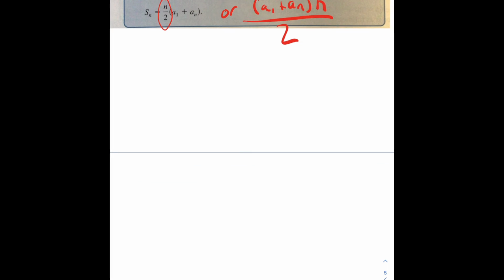So for example, let's say you need to find the sum of the following numbers: 1 plus 3 plus 5 plus 7 plus 9 plus 11 plus 13 plus 15 plus 17 plus 19. If I number these, 1, 2, 3, 4, 5, 6, 7, 8, 9, 10, I have 10 terms. So if I'm using this formula, my n equals 10.